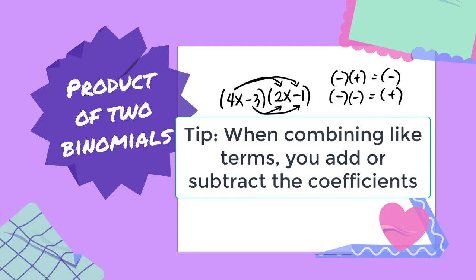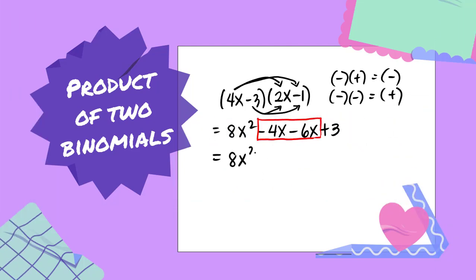When the integers have the same sign, you copy the sign, so the sign is negative, and you simply add the numbers. So negative 4 minus 6 is negative 10x, plus 3. Our final answer for the given 4x minus 3 times the quantity 2x minus 1 is equal to 8x squared minus 10x plus 3.